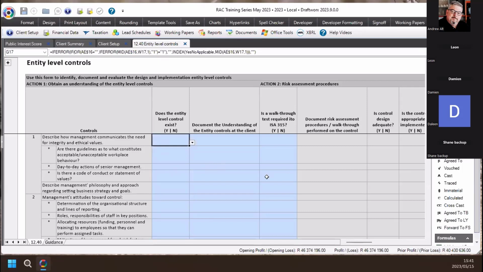What we want to highlight is to consider the end result that you're wanting to achieve with this. We're hoping to be able to say that there's a good control environment in the entity. And the fact that it is a small company with very few controls does not necessarily mean the control environment is poor.